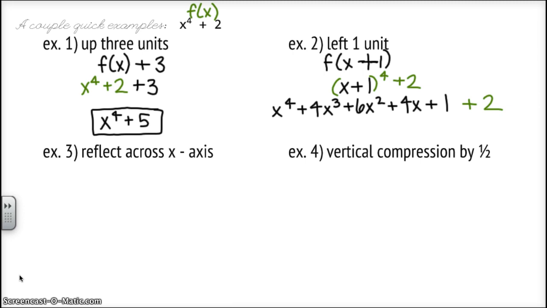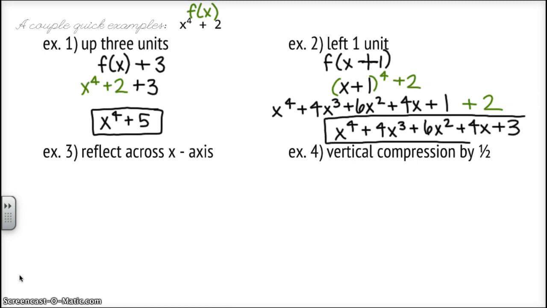So really, if we go left 1 unit, here's how the polynomial changes. Right here, this is the same as that, just written a little bit differently, just fully expanded out using Pascal's triangle and binomial expansion. Left 1 unit changes the input.